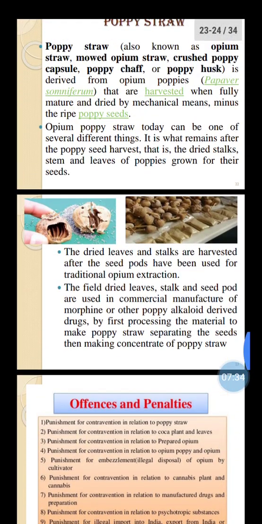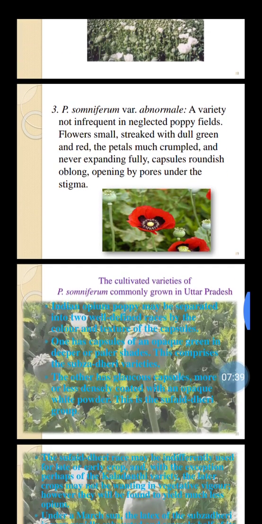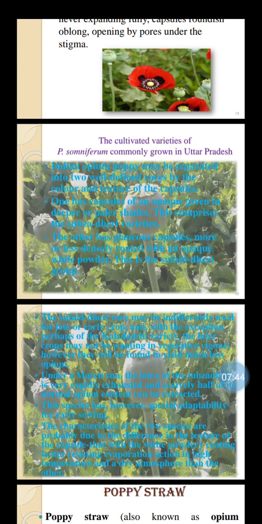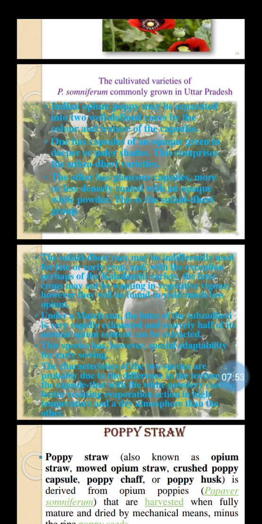So today you discussed the cultivation of the Uttar Pradesh varieties of Papaver somniferum. There are two types of these varieties: first Safed Dheri and Sabza Dheri. These are the two types of Papaver somniferum.